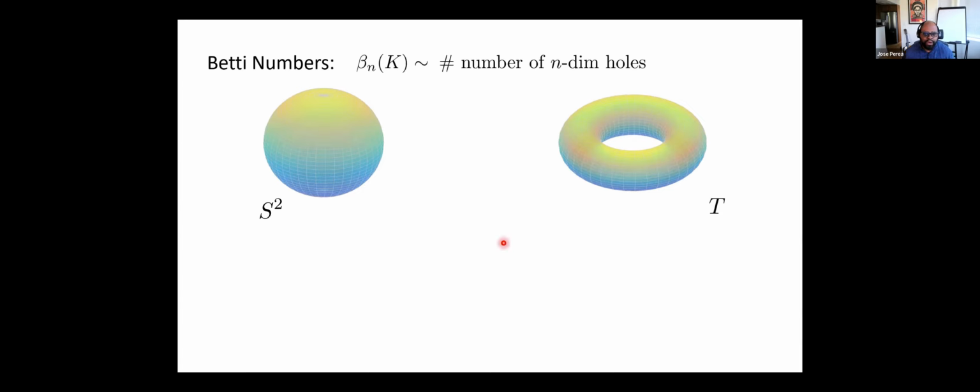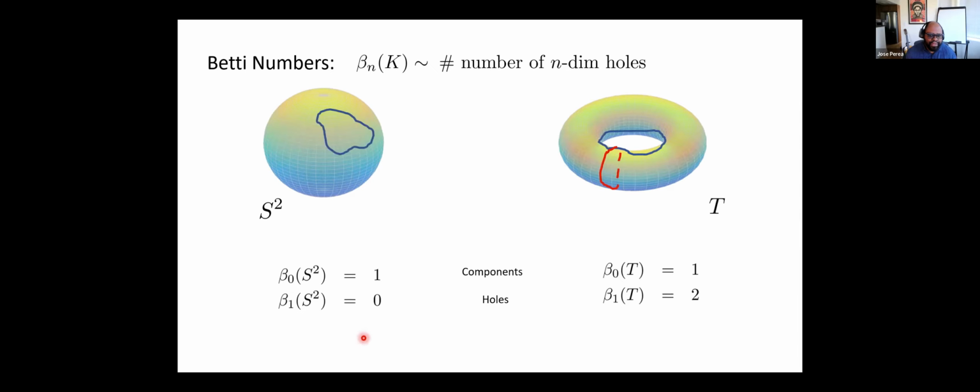One quantity we can compute about shapes are the so-called Betti numbers, which measure the number of holes that you have in your space in each dimension n. So for example, Betti 0 measures the number of connected components, or the number of clusters you have in your space. Both the sphere and the torus are connected, so they both have Betti 0 equal to 1, right? Just one connected component.